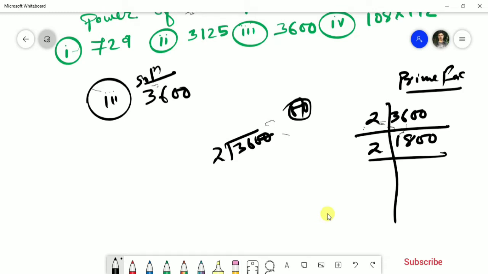If you don't write the 2 zeros also, it's okay, no problem in that. Later on we can add the 2 zeros in the half of that number. Okay, so 3600 is there.